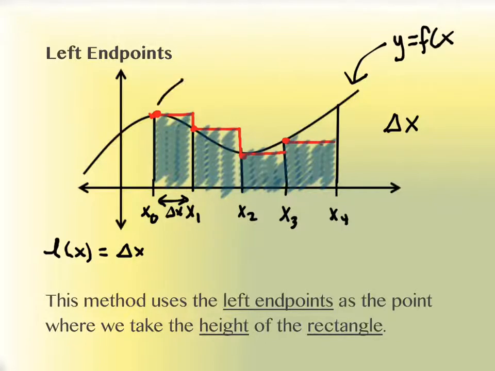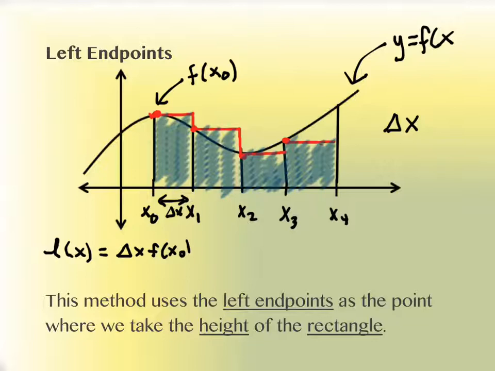So this particular point right here is the point f of x0. It's the height at the x value of x0. So if I take the base, which is delta x, times the height, which is f of x0, I would find the area of the first rectangle.